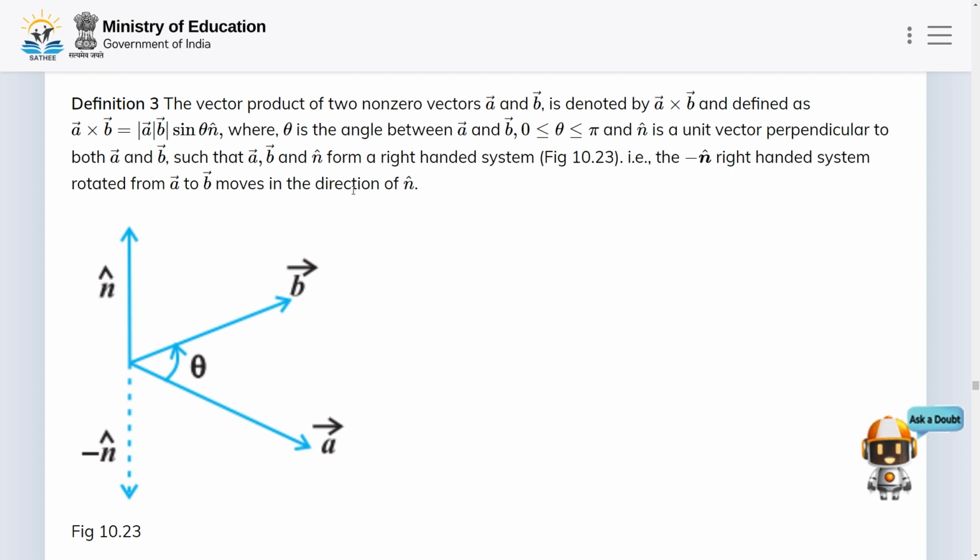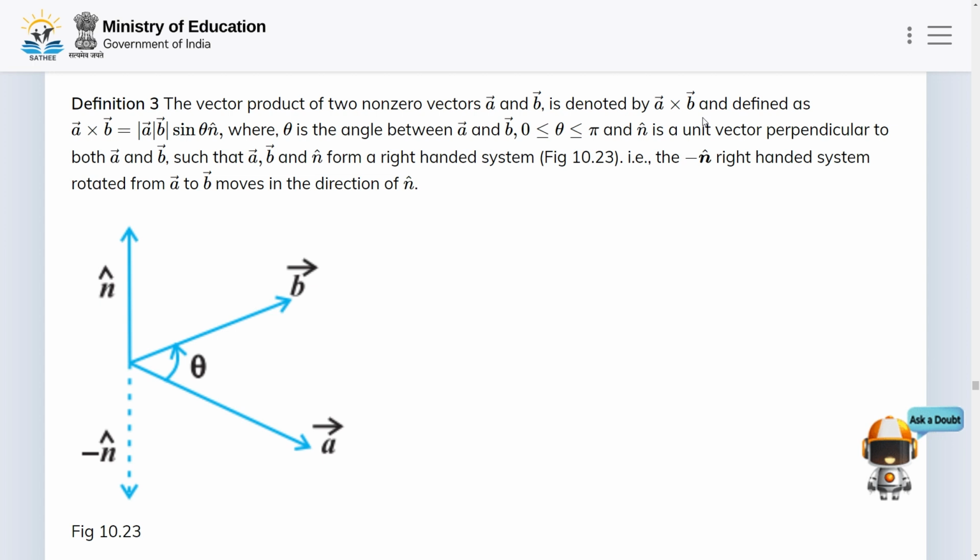If you have two non-zero vectors A and B, first of all, the notation for cross product will be A vector cross B vector, with the cross symbol, the times symbol, defined as A cross B equals the product of the magnitudes of A and B times sine theta times n cap, where theta is the angle between the A and B vectors, taken from 0 to pi.